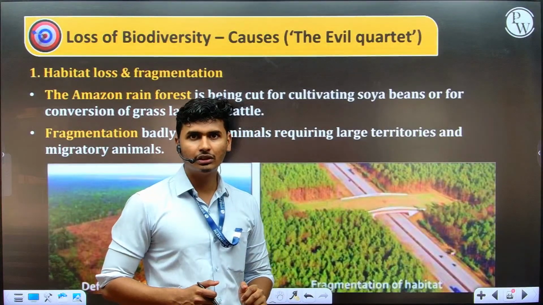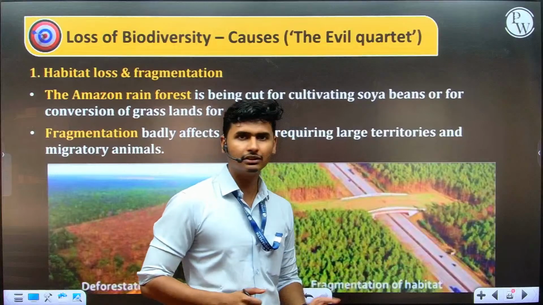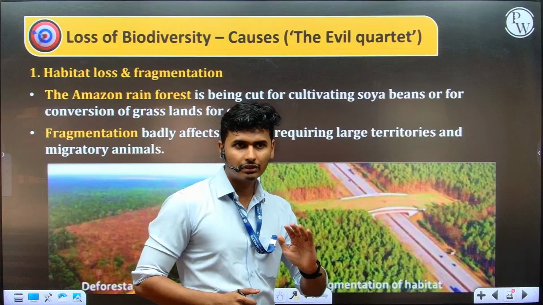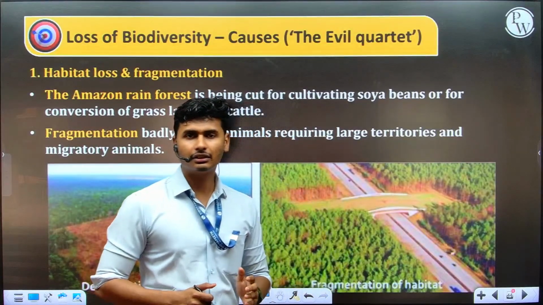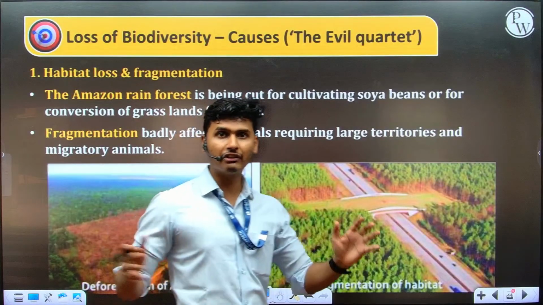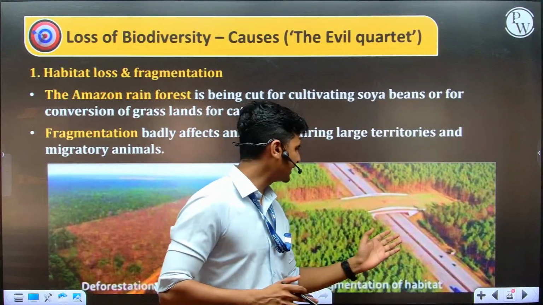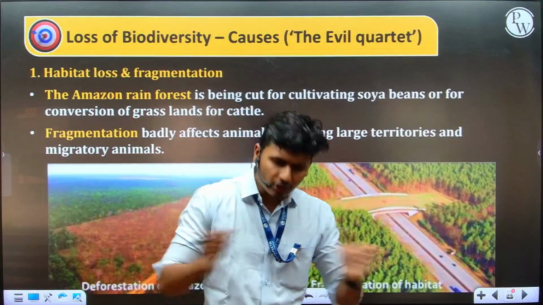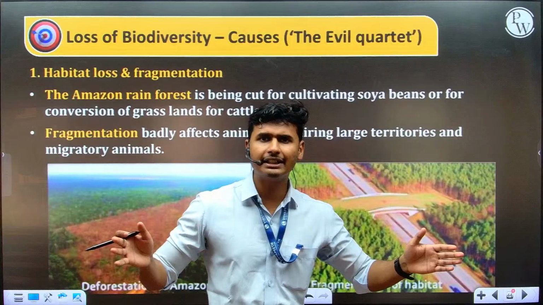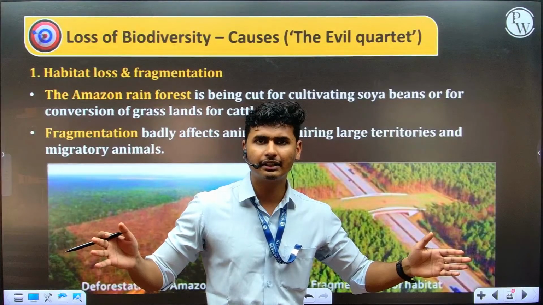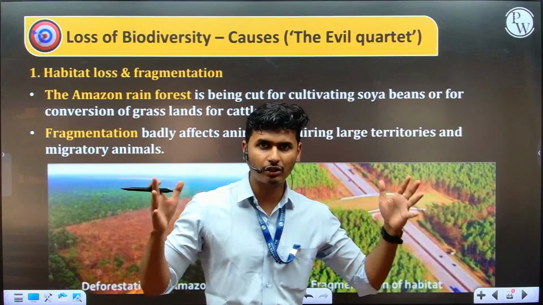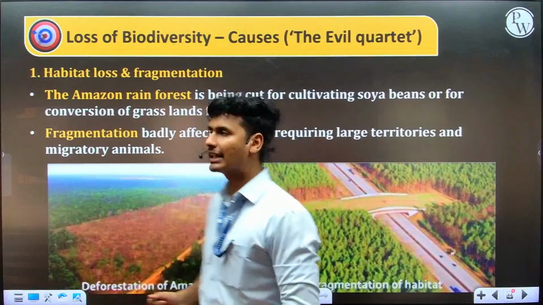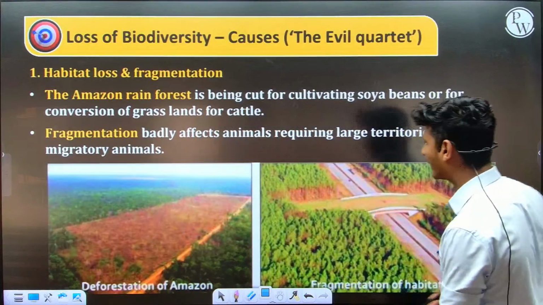No. We say that we are a developing country, we are making roads, and because of this we fragment a forest into two parts, and a lot of issues arise, like global warming.